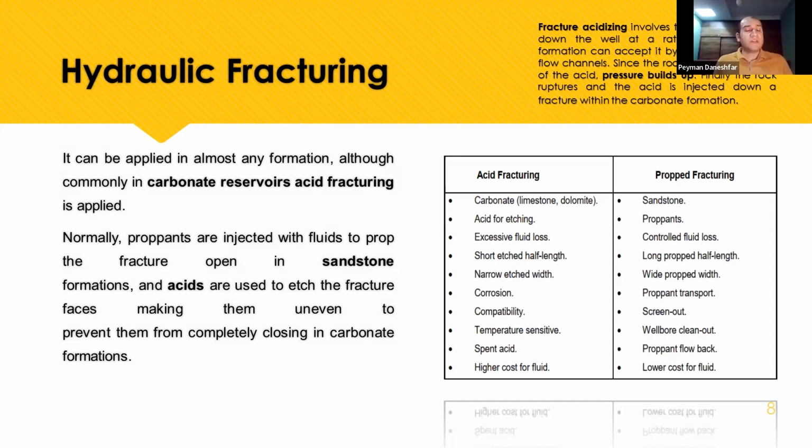In acid fracturing, we need excessive fluid loss, but in hydraulic fracturing, we want to control the fluid loss. Acid fracturing also brings corrosion, because the acid is a corrosion parameter for us, and there are other differences in cost and so on that you see here.